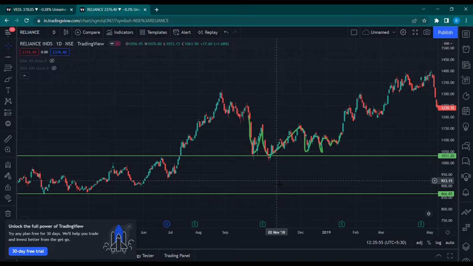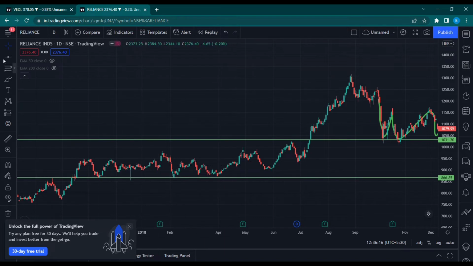So why does this happen? Let's understand the psychology, from the perspective of the buyers and sellers, because markets are governed by buyers and sellers only. Let's understand why these levels act as supports and resistance. I am talking about 865 or 866.